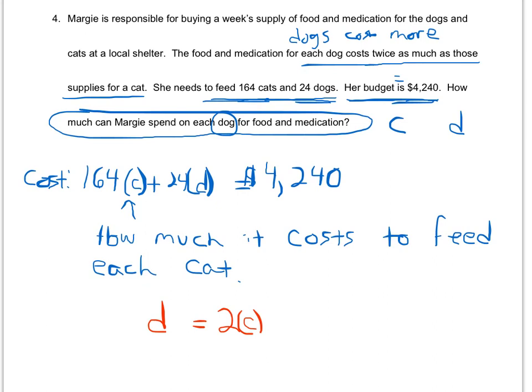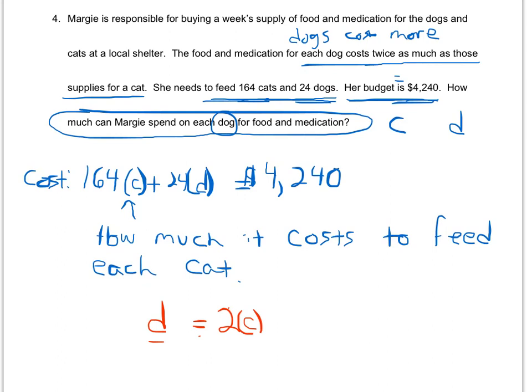Okay, so now that we have this equation, let me kind of rephrase it, and let's read this equation. So D equals 2C. All we're saying is that the cost for the dog is twice as much as the cat. Okay, so let's say, again, and I'm just making up these numbers, let's say that the cat costs $5 for supplies.